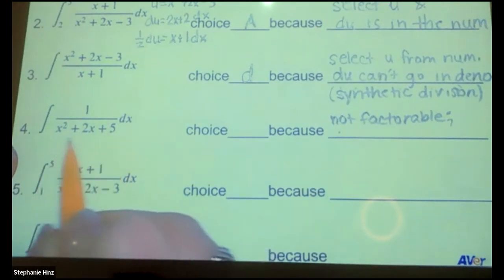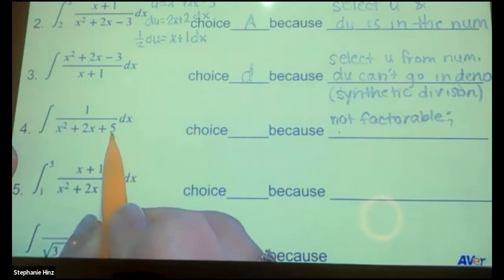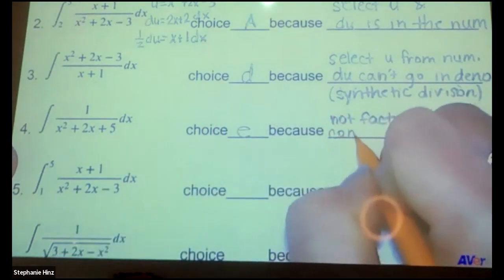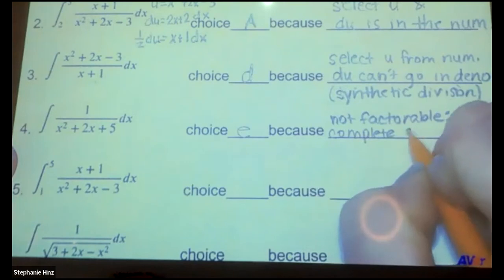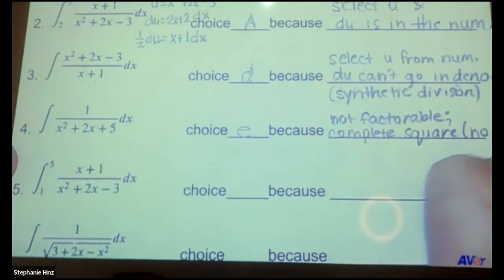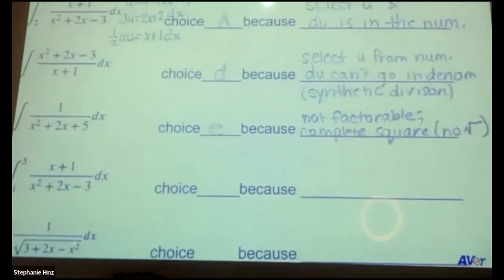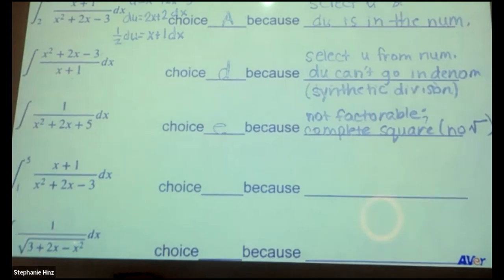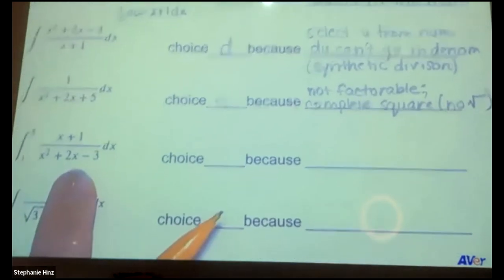So this one is going to look like arctangent, and that's going to be choice letter E. So if I complete the square, and you notice there is no square root, that's what's going to make it be tangent as opposed to arcsine. Arctangent instead of arcsine. Number 5, okay, it's definite.